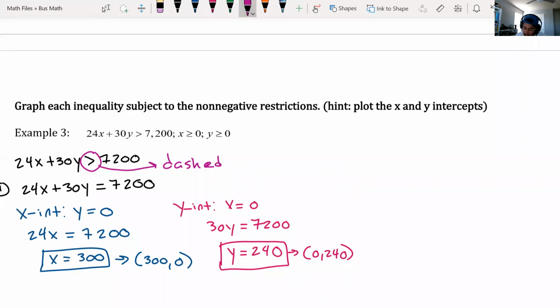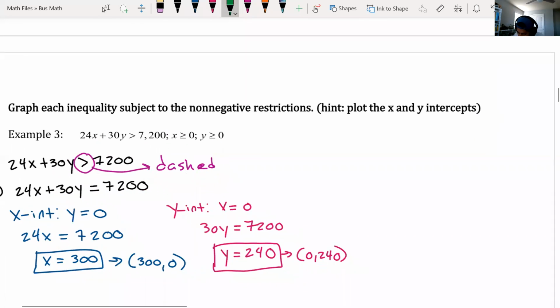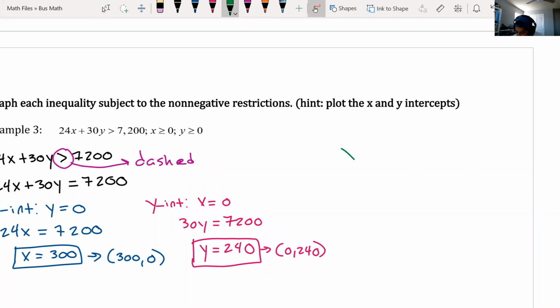And for x greater than or equal to 0, well, again, all we have to do is change it into x equals 0. And as we learned in, I think it was 1.2, x equals 0 is the graph of a vertical line.